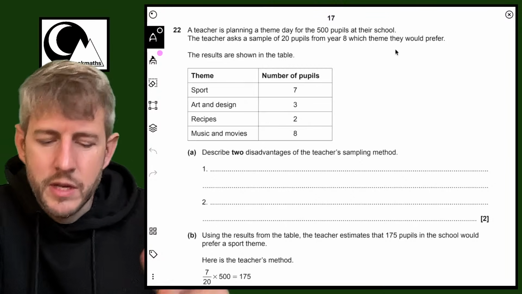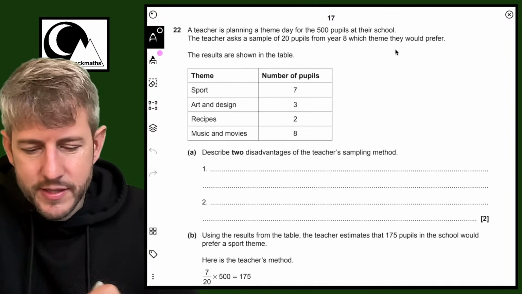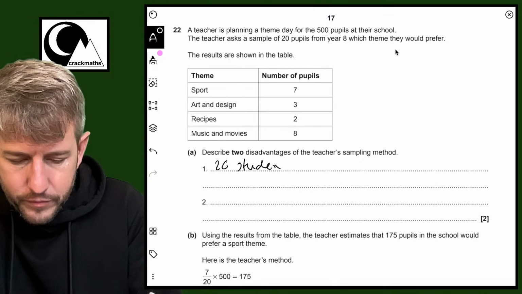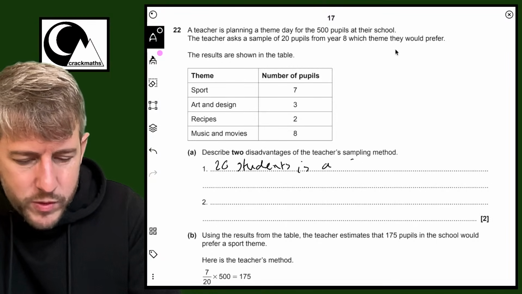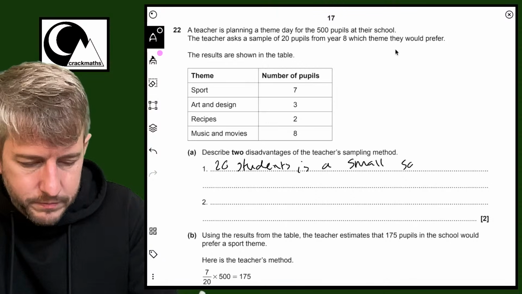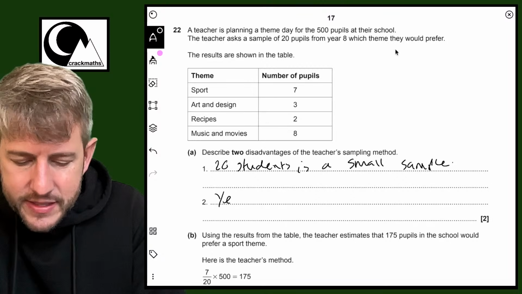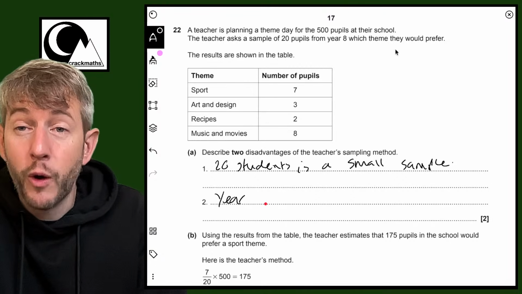Okay, right, so 20 students isn't a lot of students. A small sample. And year 8 won't be representative of the whole school.